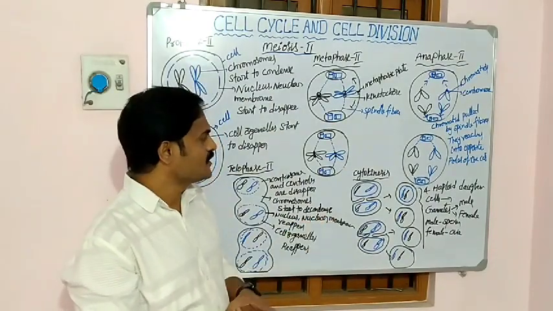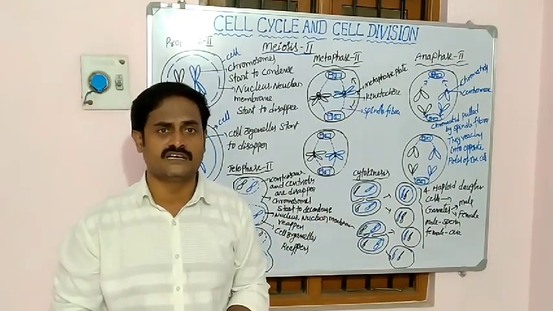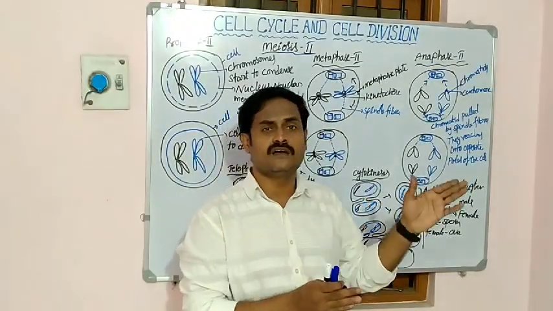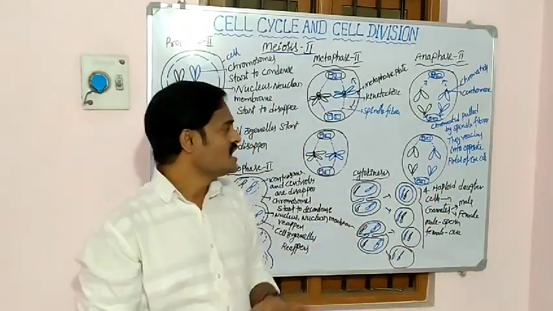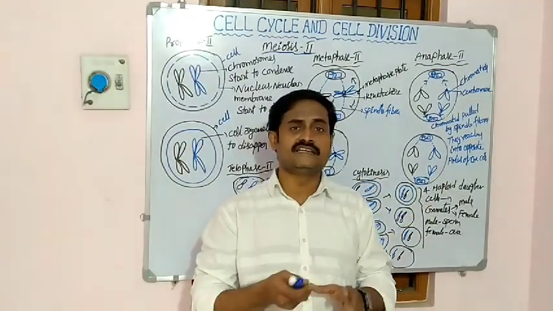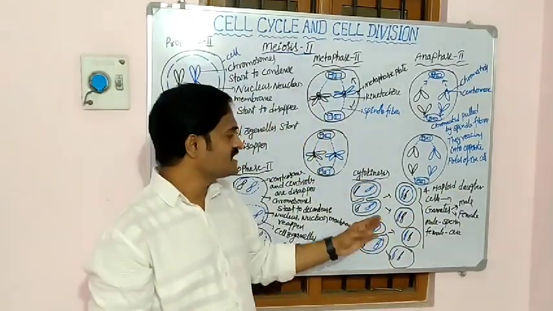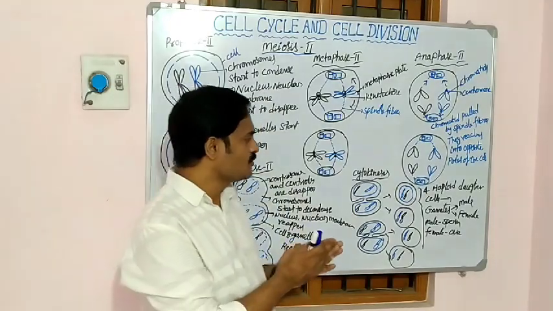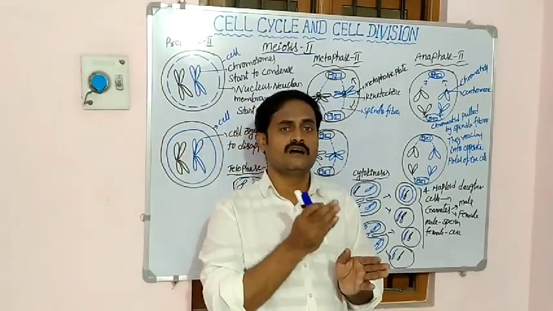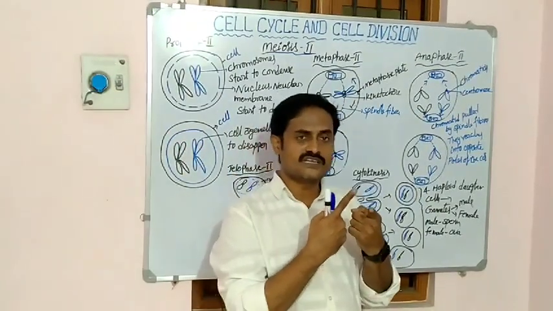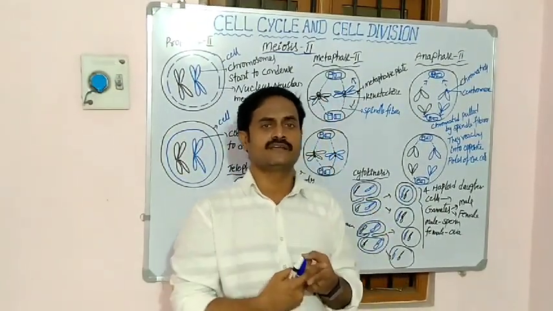What is the importance of meiosis? The chromosome number is controlled by the meiosis process, and we also get many genetic variations with the help of meiosis. During meiosis one, crossing over occurs. During crossing over, what will happen?